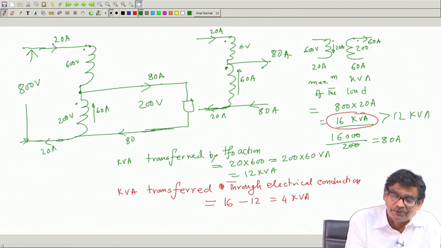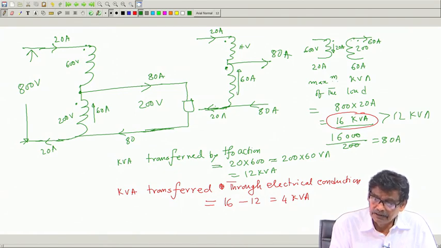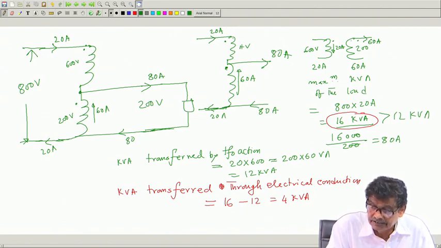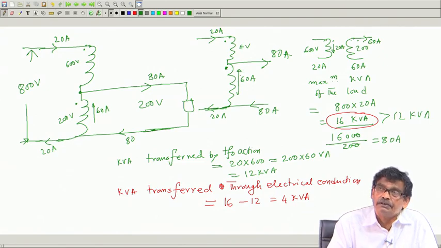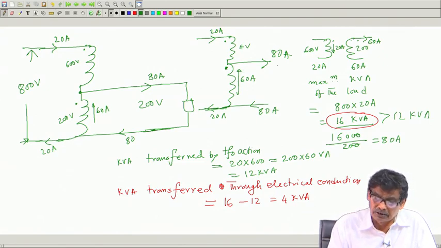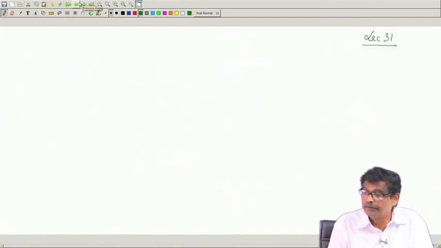I should not allow more than that, and the moment you decide that current, the other part of the winding, which has its own identity separate, with no common portion, its current can be fixed up and then the total current. Anyway, please try, solve many problems.